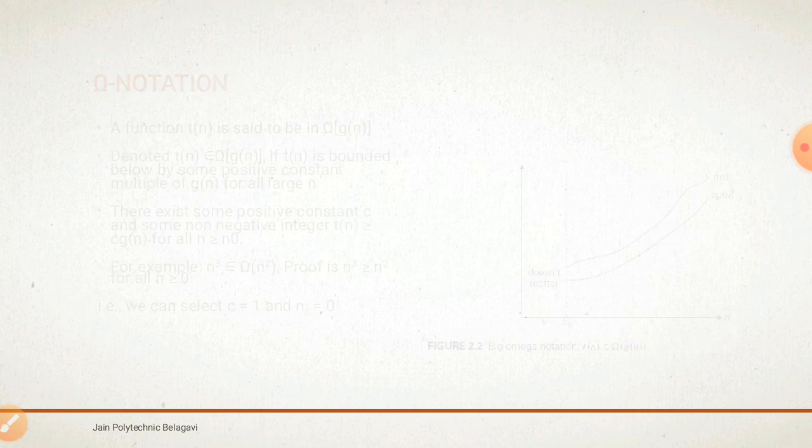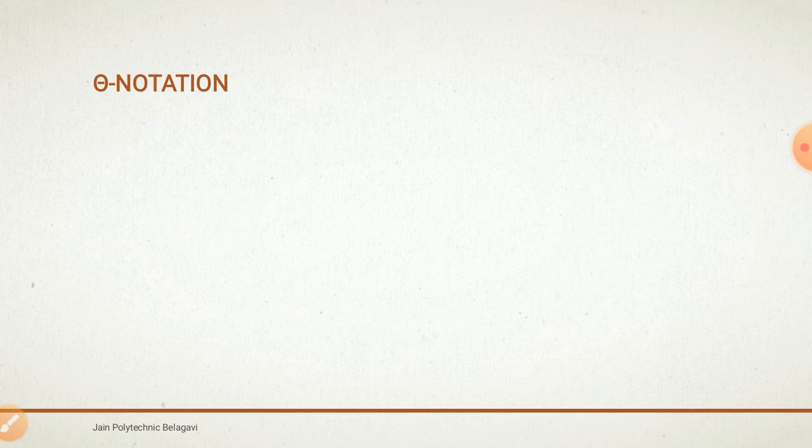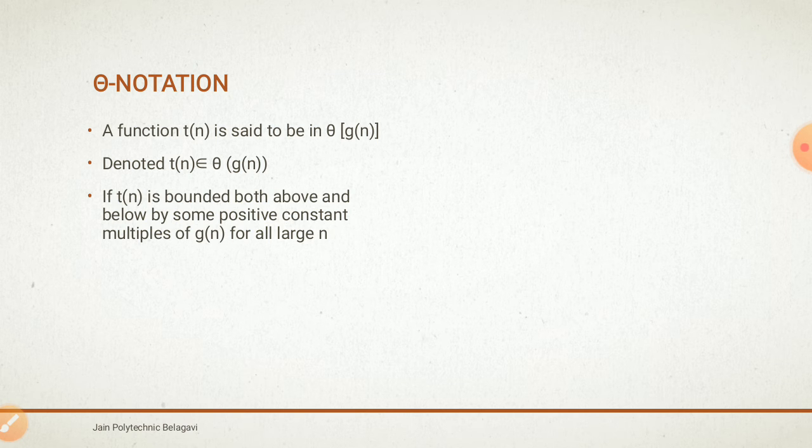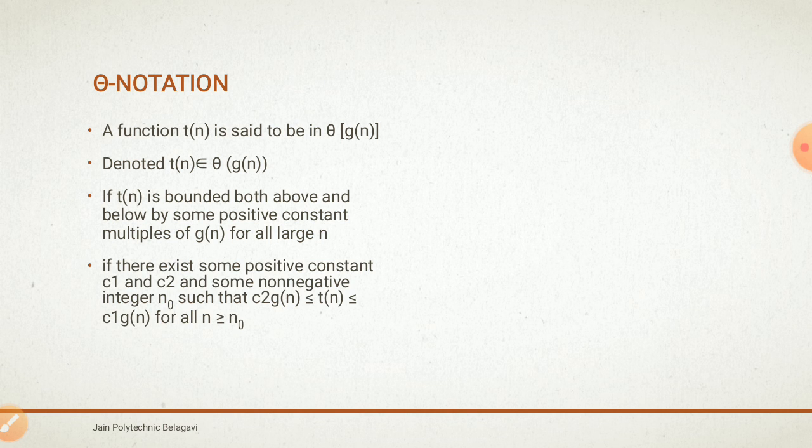Next we have big theta notation. A function t of n is said to be in theta of g of n, denoted t of n belongs to theta of g of n, if t of n is bounded both above and below by some positive constant multiples of g of n for all large n.